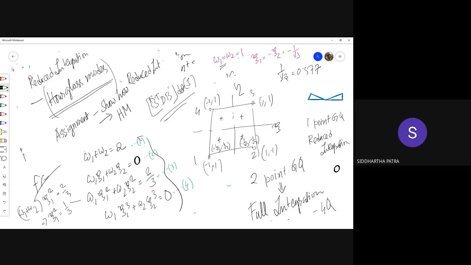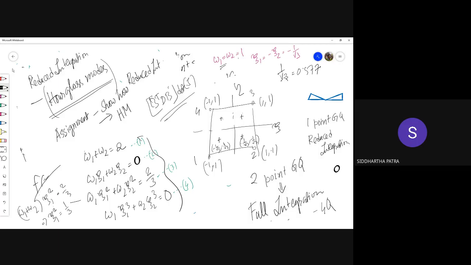So hourglass modes are not desired in finite element solution. So you need to show how the reduced integration leads to hourglass modes, what are hourglass modes, and why are they not desirable in finite element solution. That is going to be your assignment.